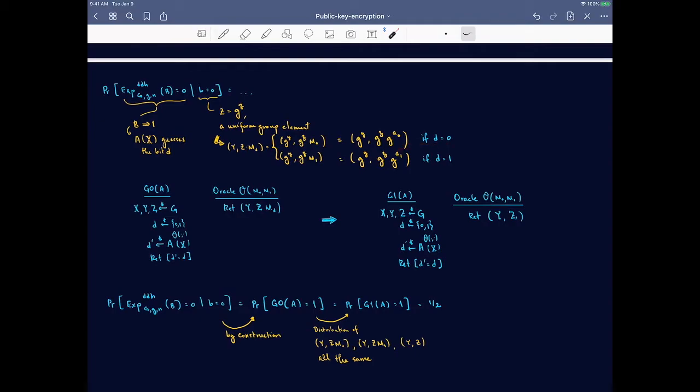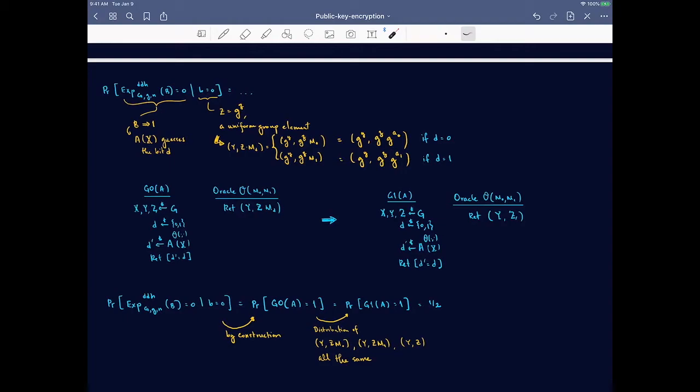If the bit that B flips is 1, we get this case. And what we notice, and we're going to see momentarily, is that the distribution of these two possibilities is the same. Let's see why that is. So we're going to make a game G0, which is going to perfectly capture this event here.